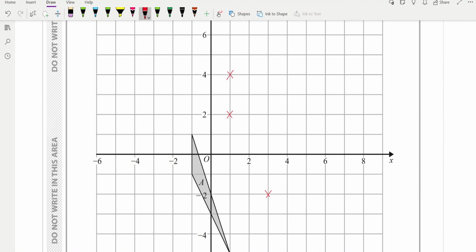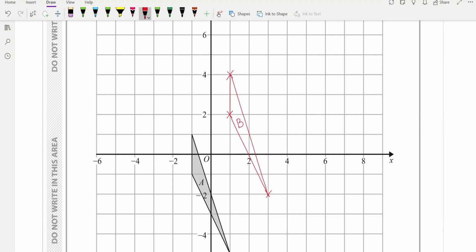Now we have to just join the points for the vertices of the triangle, and this is the required triangle, which we have labeled as B.